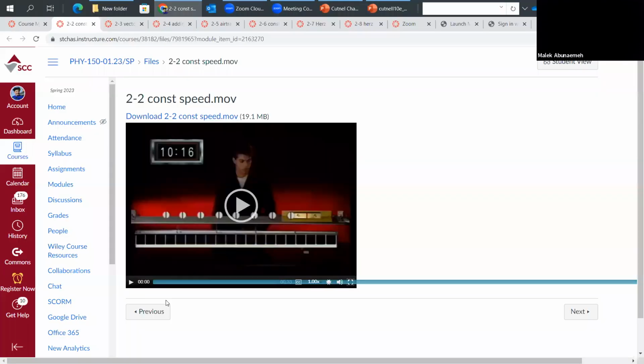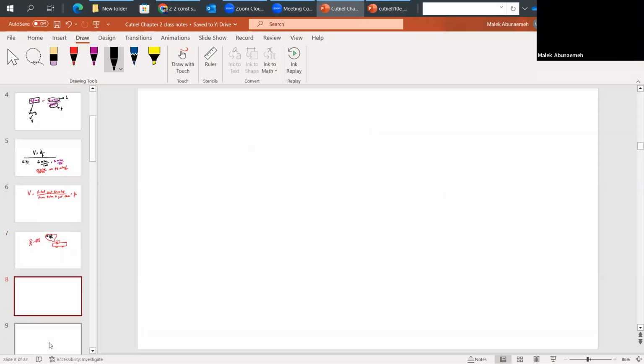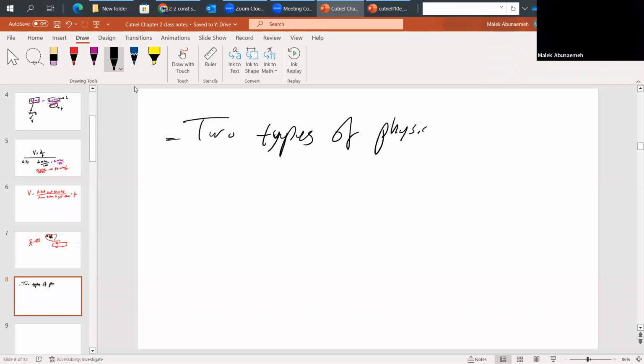Now, let me go back to my notes. We have two types of physical quantities: you get your scalar and you get your vector.